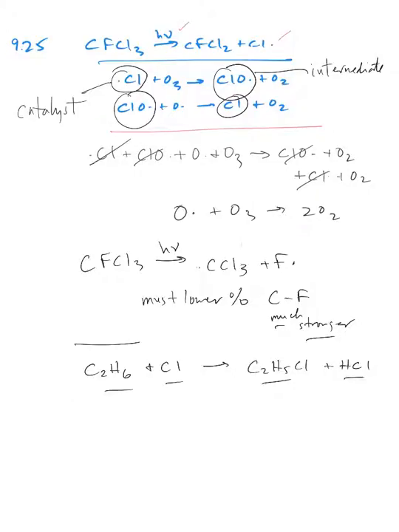And then finally, we're asked to draw a potential energy versus reaction progress diagram for uncatalyzed and catalyzed by chlorine radicals for the destruction of ozone. So on the previous slide, we had just a very simple reaction of oxygen atoms and ozone resulting in two oxygens as products.